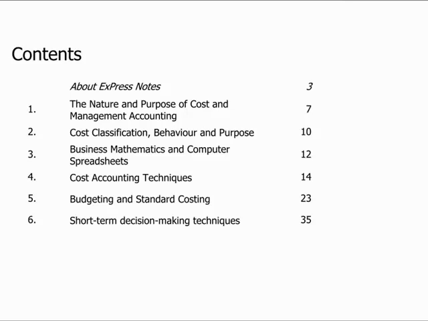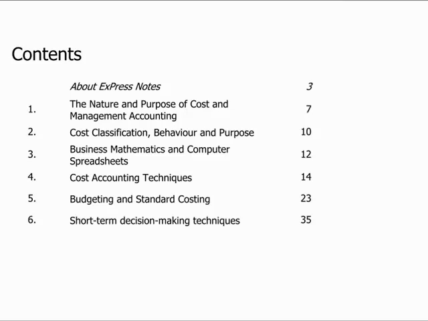Now, F2 is a knowledge paper dealing with the topic of management accounting, and therefore there will be great focus on understanding costs, the definition of costs, categorization of costs, cost behavior, and so on.